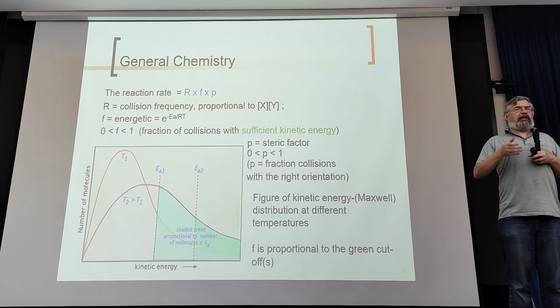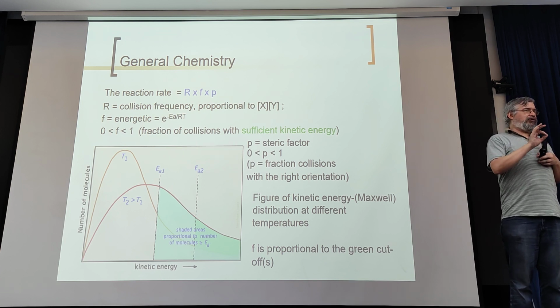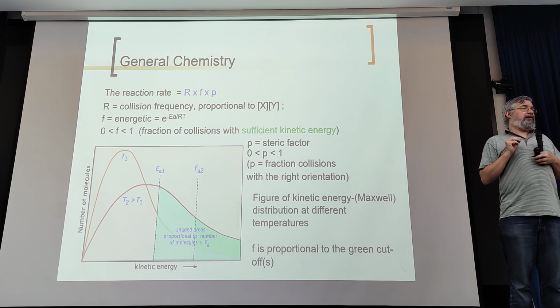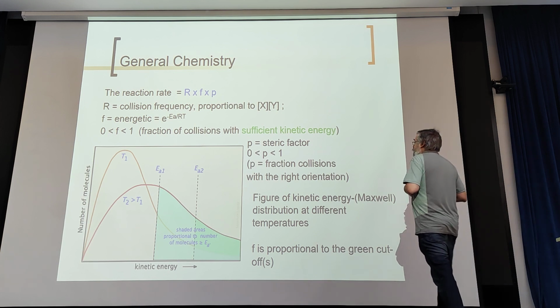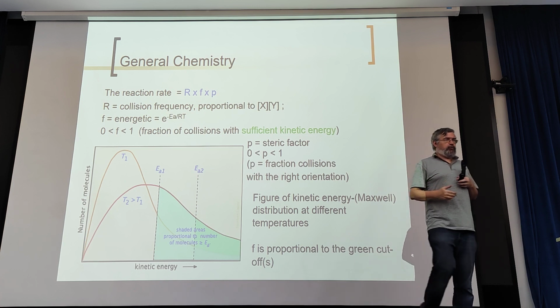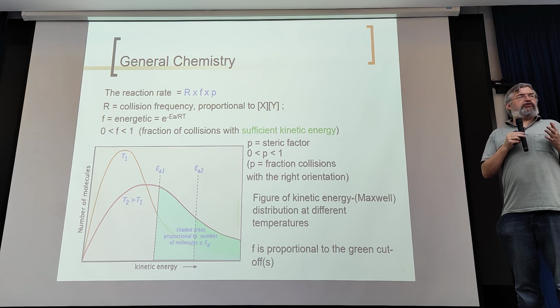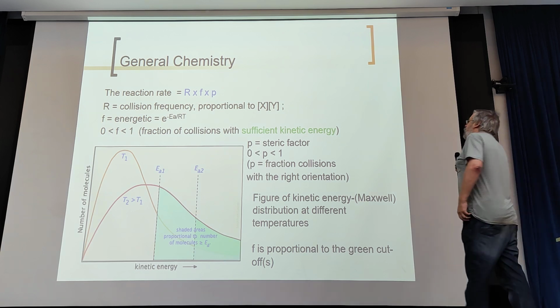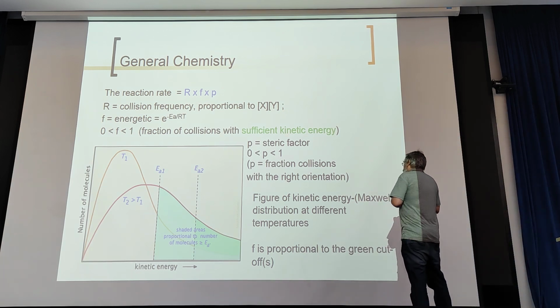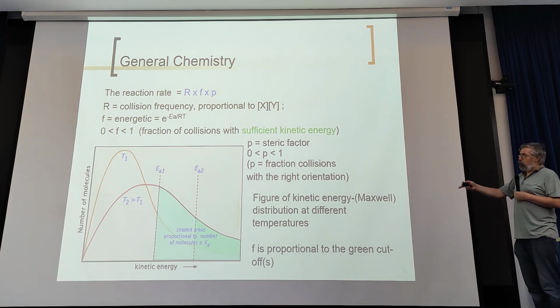It's like playing billiards: if you don't approach the two billiard balls in just the exact way, this is not going to be productive. So in some cases, this might be close to zero. In other cases, any collision will give the right product. So it depends on some steric factors. Indeed, F is proportional to these light green cutoffs.